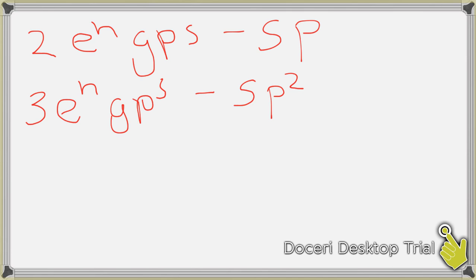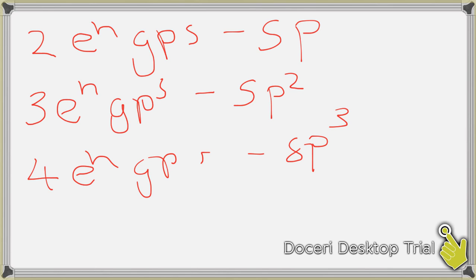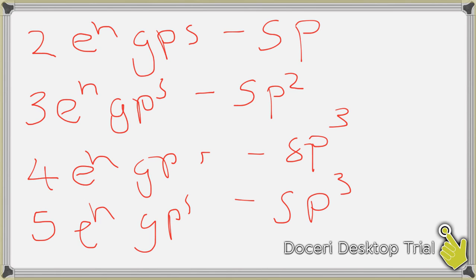And then four electron groups, sp3, tetrahedral geometry. Five electron groups, sp3d. Six electron groups, which is octahedral, it is sp3d2. So that is how you predict the hybridization by looking at a molecule.